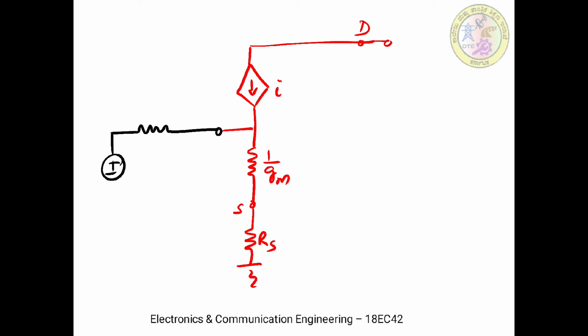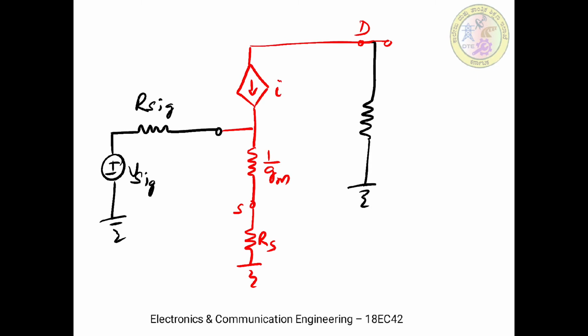So let us complete this part, the signal part connected to ground. So this is our VSIG and RSIG. Next at the drain we also have the resistor RD, and V0 is measured across this, and we are now writing R0 here.